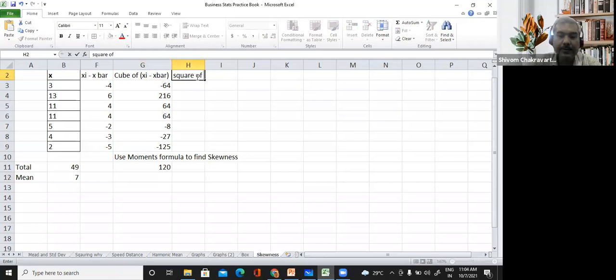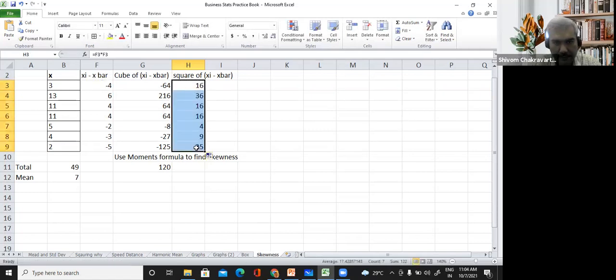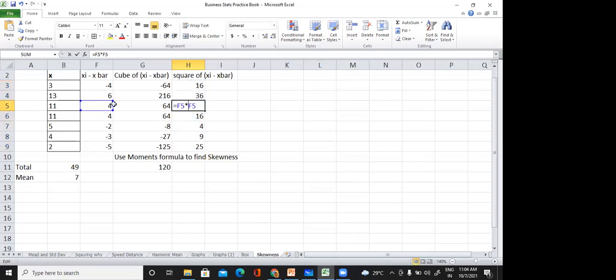So this multiplied by itself gives all the squares. For example, here it has multiplied 4 by 4.